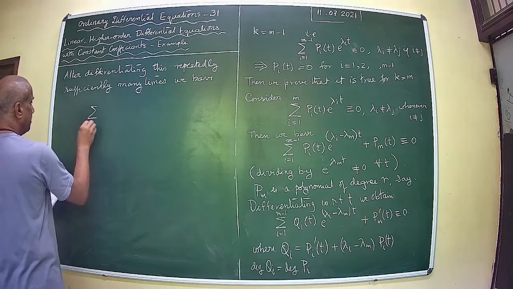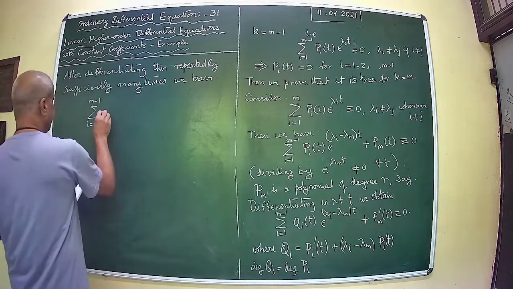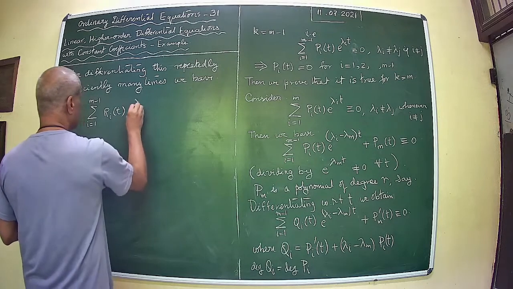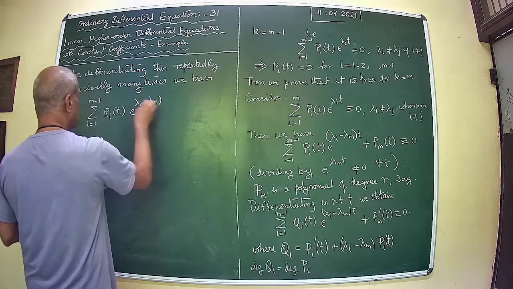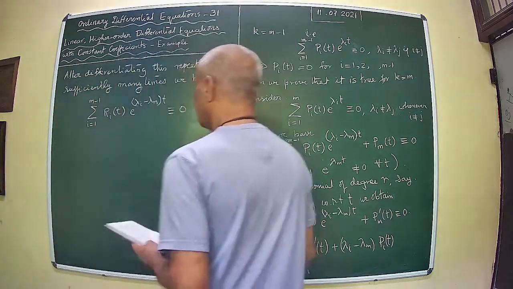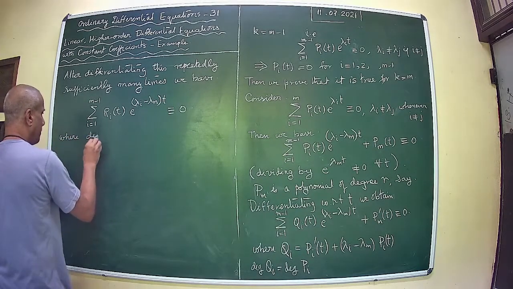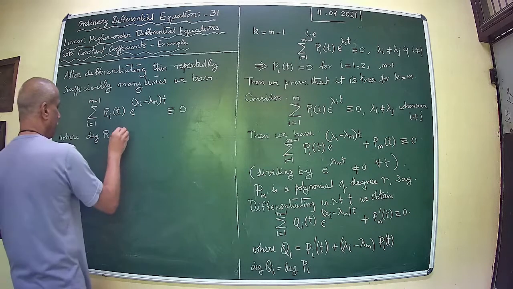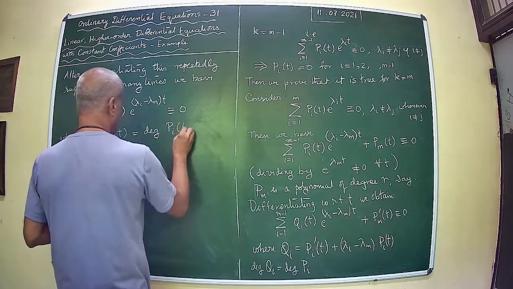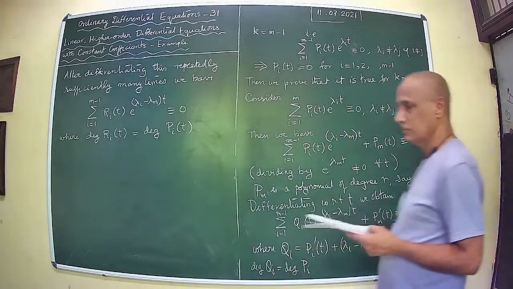We have sigma i equal to 1 to m minus 1 Ri t e to the power lambda i t equal to 0, where degree of Ri t equals degree of Pi t. This is the important part. The degree remains the same.